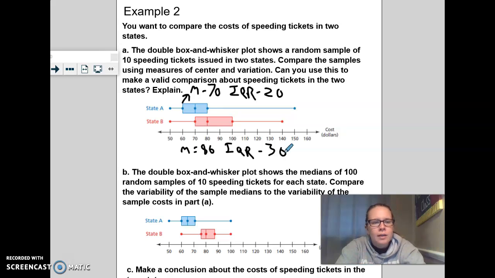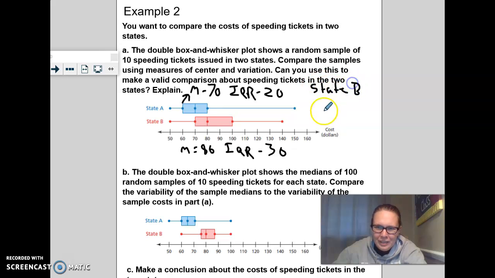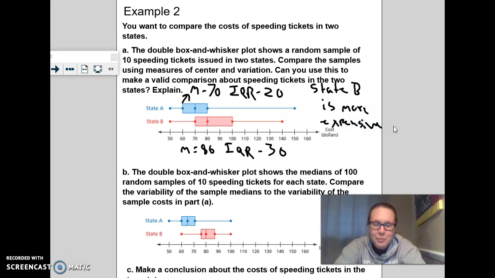State B has a median of $86, and it could have a range of $30 less or $30 more. So if I want to compare these, I would say state B is more expensive. Ultimately, in the long run, it's going to be more expensive.